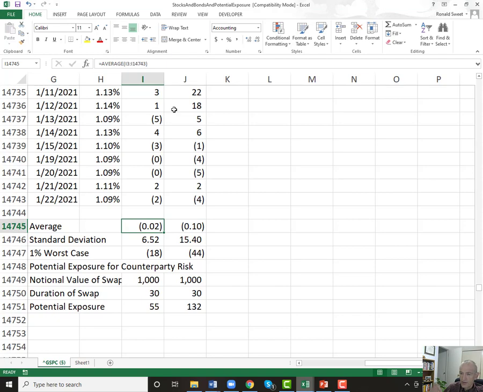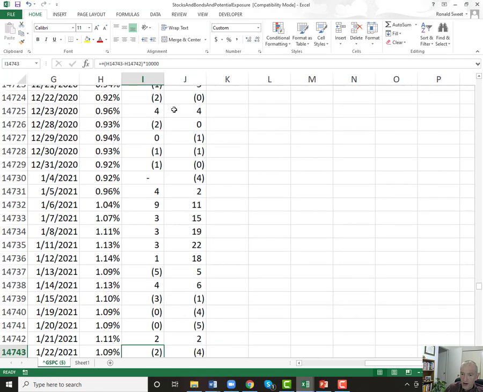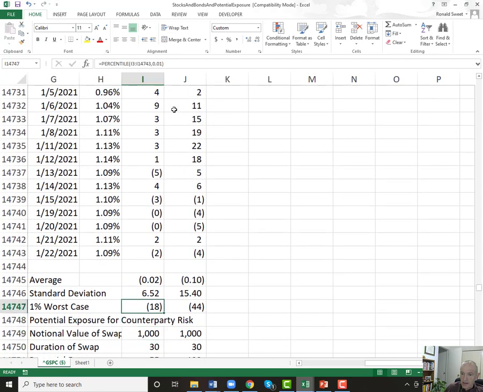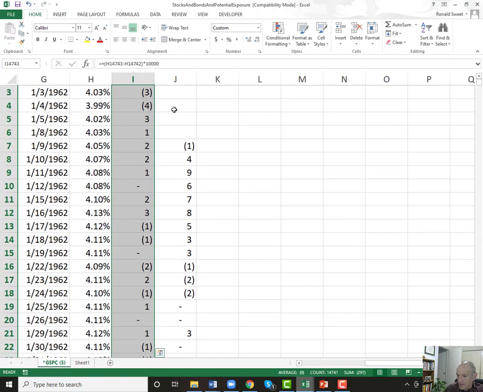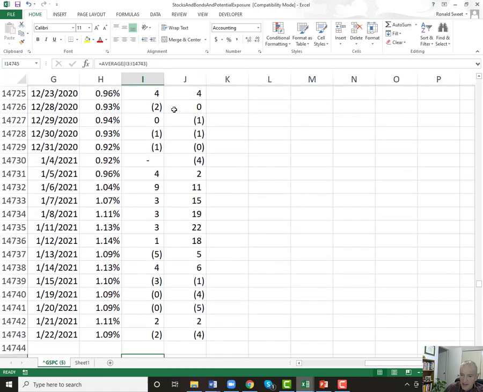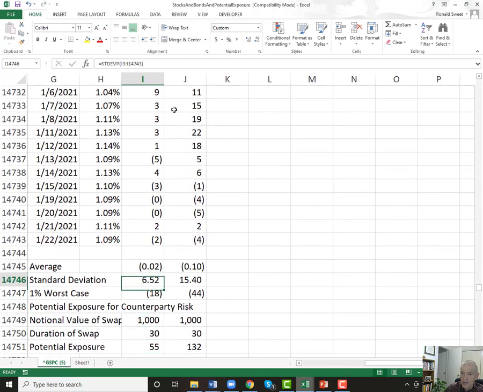So it's true, interest rates have fallen from 4.4% all the way down to 1%. But when you spread that over 15,000 days, that's only 0.02 basis points. But the standard deviation is 6.5 basis points per day. On a week, the standard deviation is 15 basis points per week.